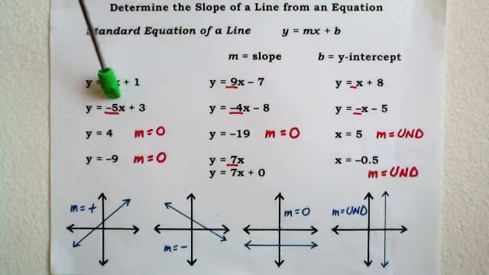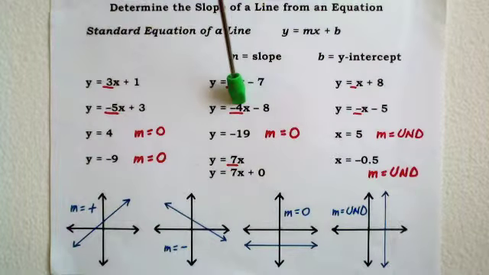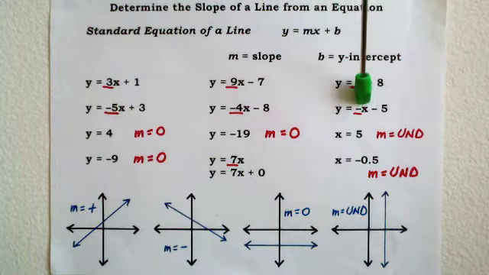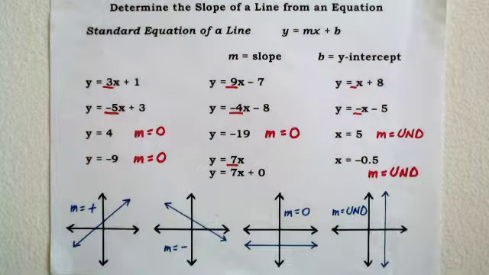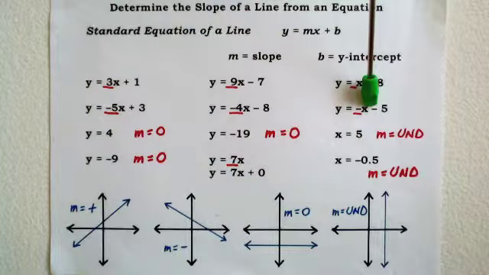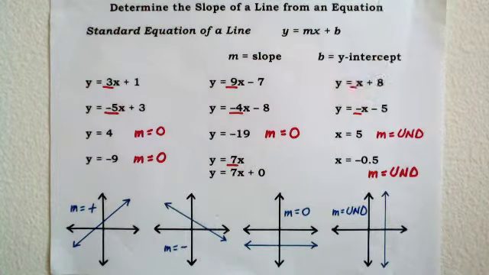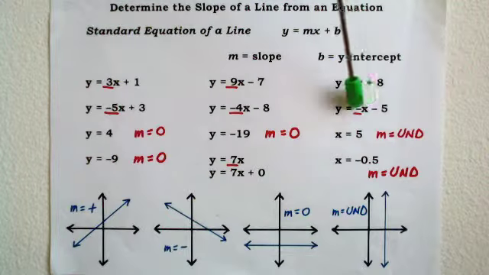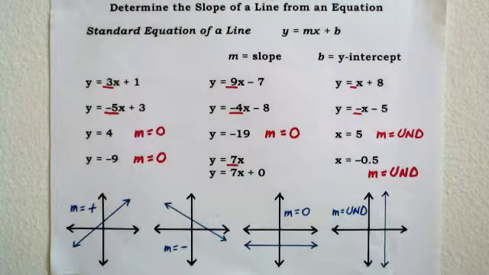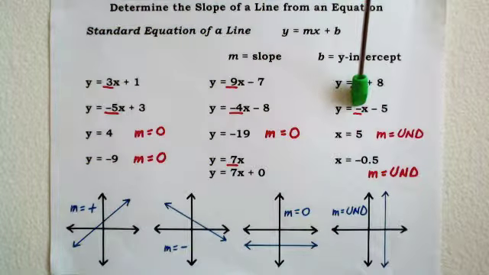The slope of this line is negative 5. The slope of this line is negative 4. The slope of this line is negative 1. If you don't see a number in front of the variable, the number is 1. 1 times x is x. Negative 1 times x is negative x. So the slope of this line is negative 1.